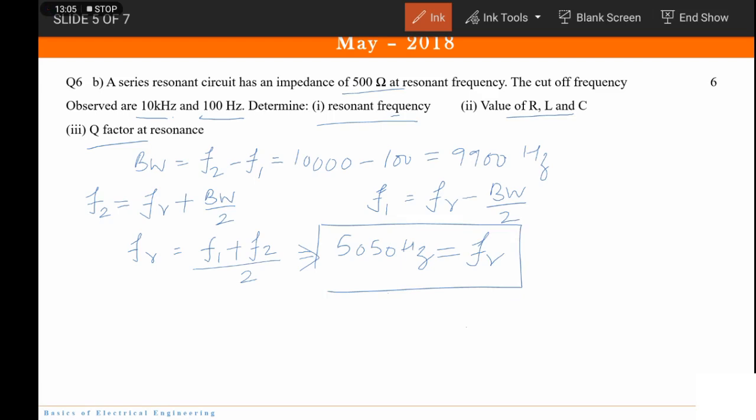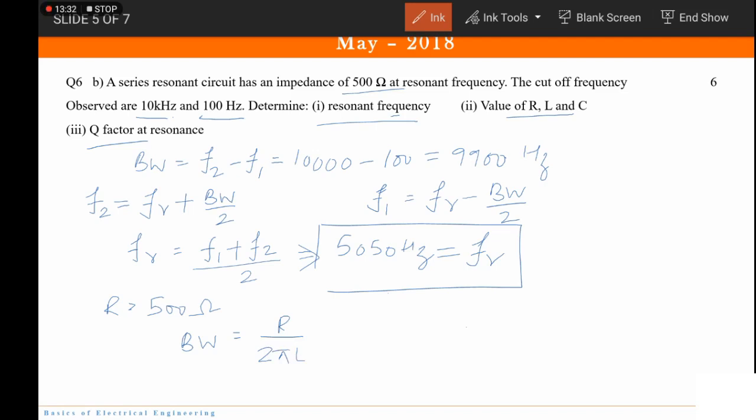Okay, fine. Now the second point is the values. Now it is given that it has the impedance of 500 ohms, right? So R is given as 500 ohms. Now the bandwidth is given by R upon 2 pi L, if the bandwidth is given in hertz.